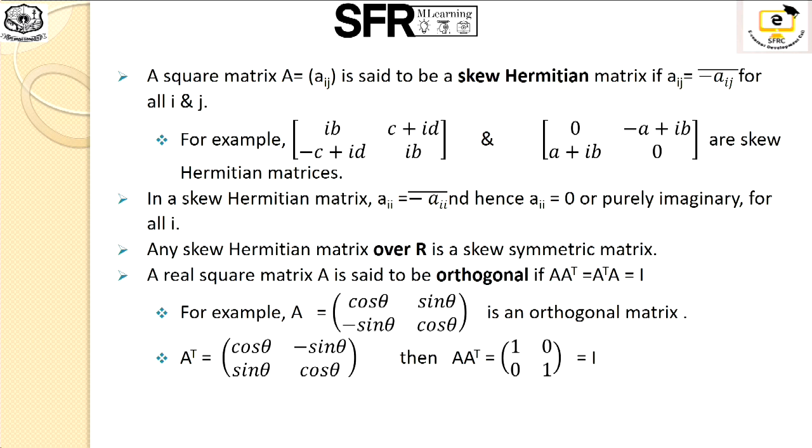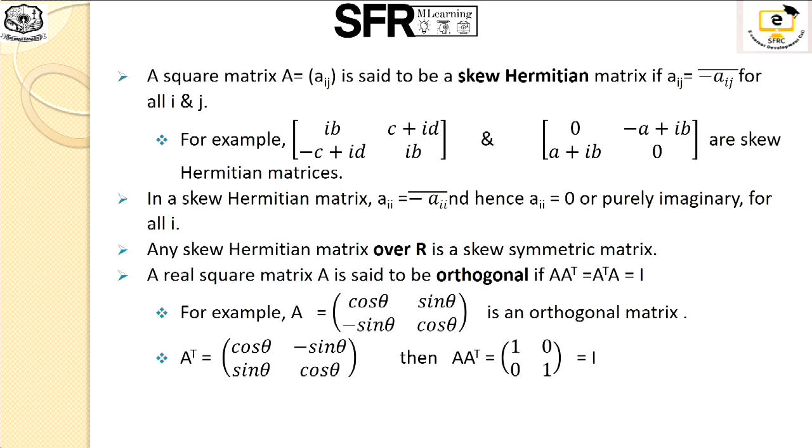Here you can transpose, we can interchange the rows and columns. Then you can get cos theta sin theta in the first row, minus sin theta and cos theta.